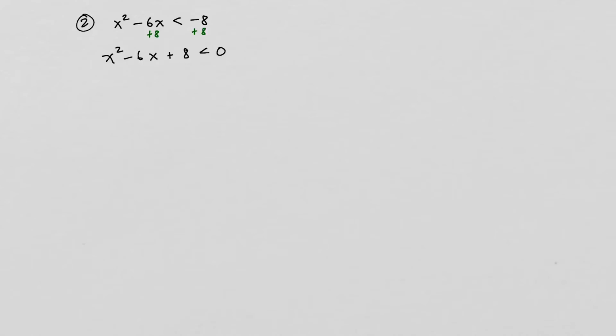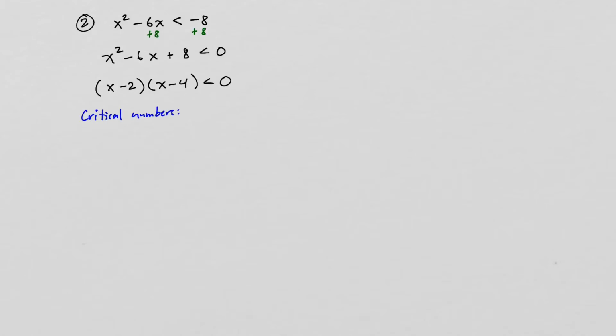Once we have it less than 0, we can then factor, and the factorization here is relatively straightforward. And once we have it factored, we can identify our critical numbers.